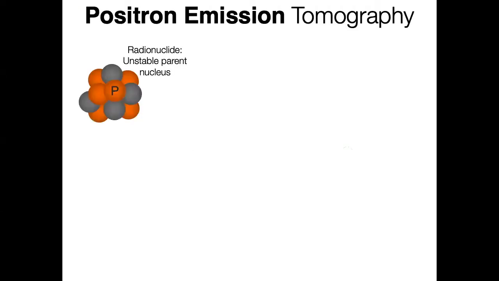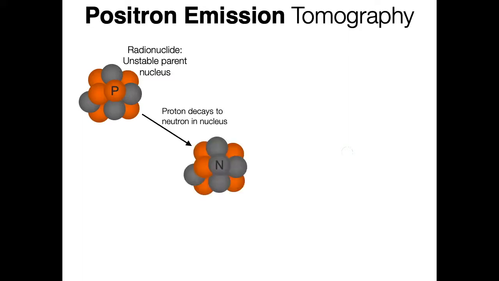So the positron emission part really comes from the fact that we use a radionuclide. And in this case, we start out with an unstable parent nucleus that is produced. And there is a proton in that nucleus that decays to a neutron. And during this decay, what's given out is a neutrino, but also a positron.